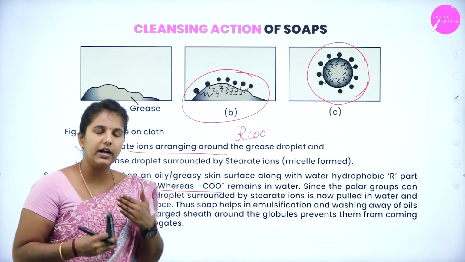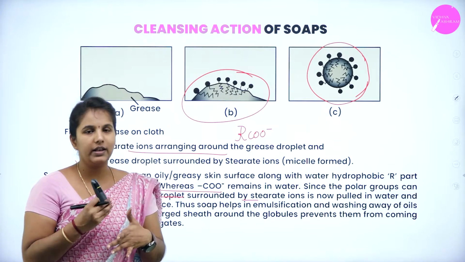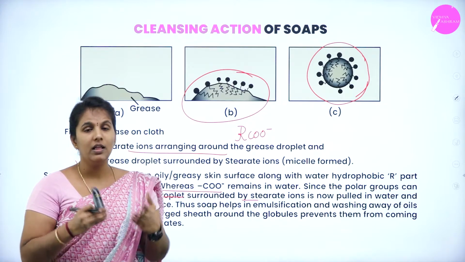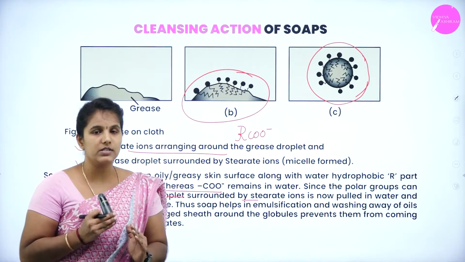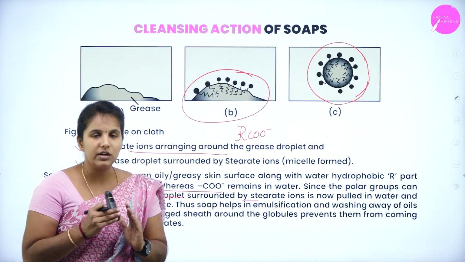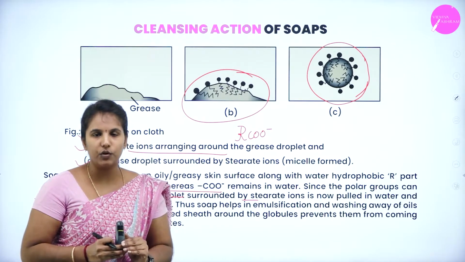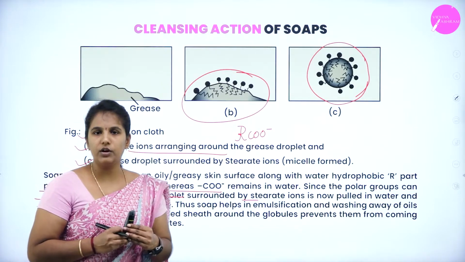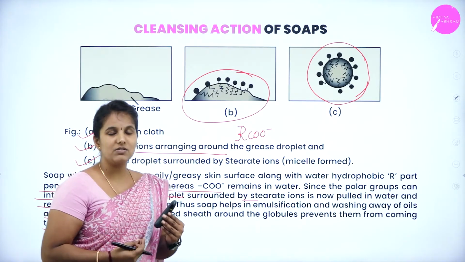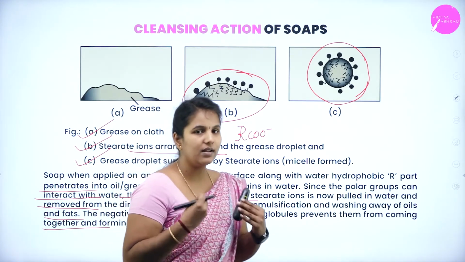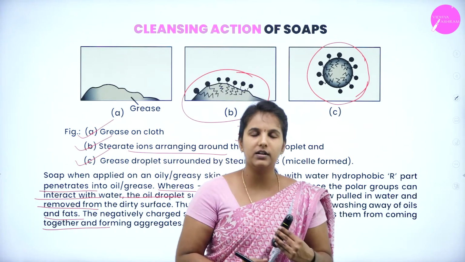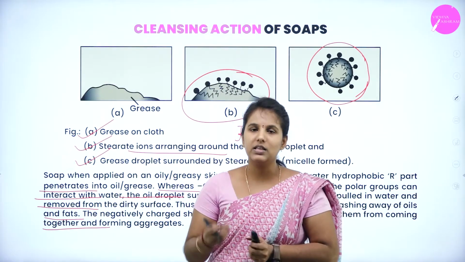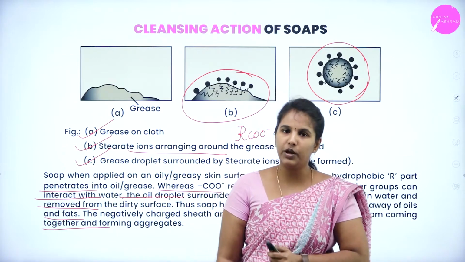Already I have explained how the micelle is formed in our last class. Is it right? Once the micelles are formed on the surface of the cloth, they will remove the oil and the grease content from your cloth and it will clean your cloth. This is how the soap as well as the detergent act like a cleansing agent to remove the dirt or the grease on your cloth. Hope you all understood this.